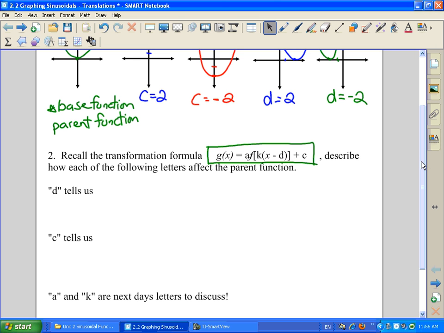All right, so let's take a look at D and C. It's important to analyze this, folks, because we're going to take this into sinusoidal functions for today's lesson. So D tells us the horizontal translation.